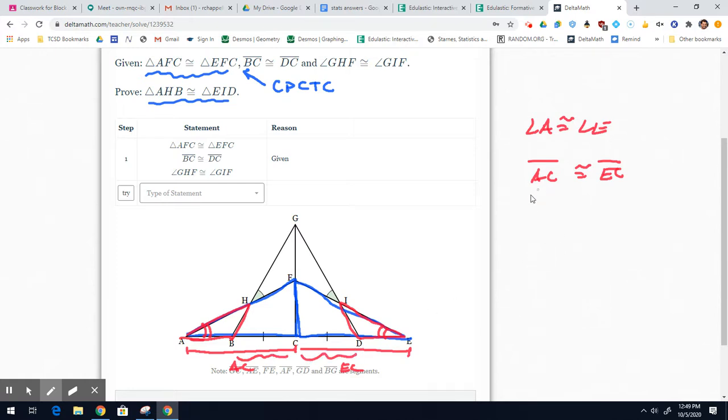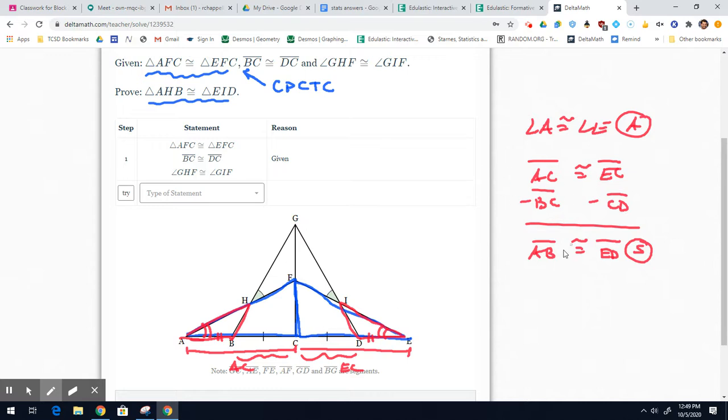So what we can do is subtract BC from AC, and subtract CD from EC. And what is that going to leave us? That's going to leave us with AB congruent to ED. And that'll be a pair of sides. So here's a pair of angles. Here's a pair of sides. Right? So eventually, these pairs of sides will be congruent.